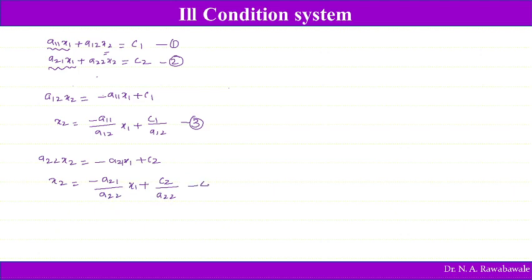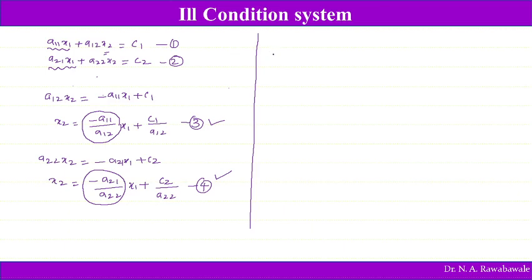So this is equation number 4. Now what we can see here is we have two equations of straight lines, equation number 3 and equation number 4. The coefficient of x1 in equation 3 gives the slope of the first line, and the coefficient of x1 in equation number 4 gives the slope of the second line.